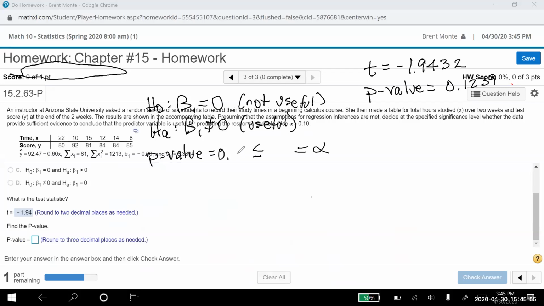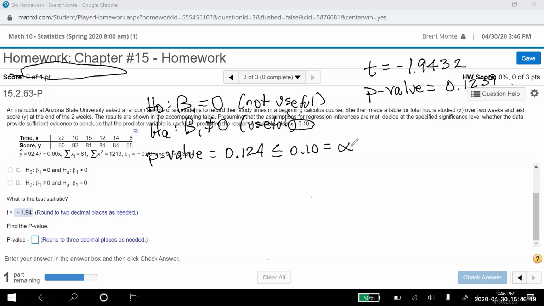All right, I need more room. Eraser. That's what I got for being so overzealous. 0.124. We're checking to see if it's less than or equal to alpha, and they gave us here an alpha value of 0.10.